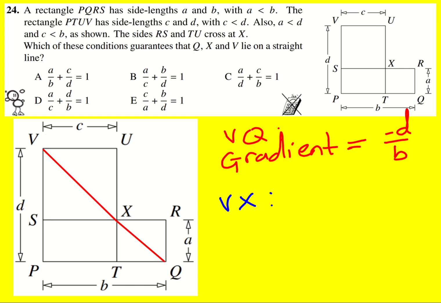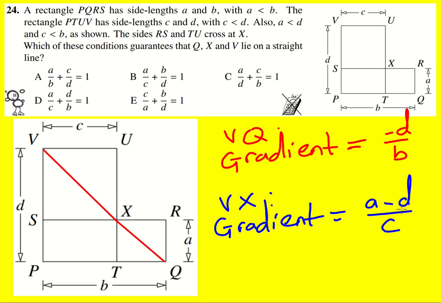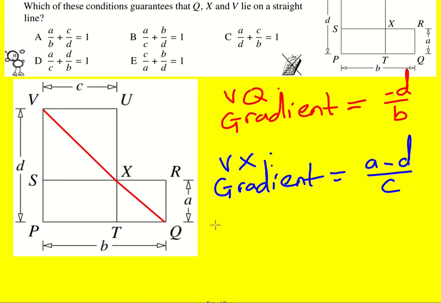So it's either minus d plus a or just a minus d. And then the run is c. So we require these to be equal, essentially, for it to continue along a straight line.